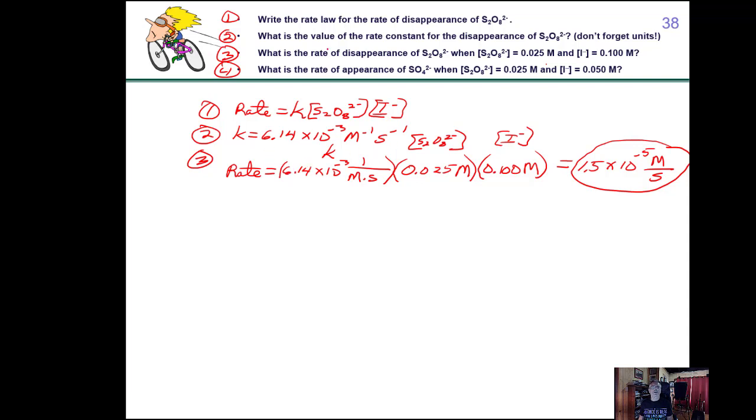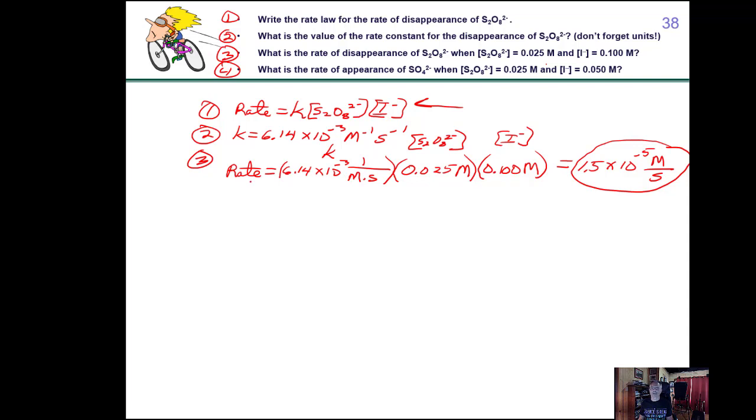If I want to know what is the rate of disappearance of peroxydisulfate when I change the concentration of both peroxydisulfate and iodide to some other value, in this case 0.025 for peroxydisulfate, 0.1 molar for iodide, all I do is take the rate law and substitute everything I know about the reaction into the rate law.